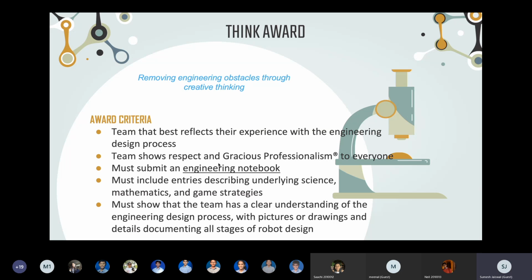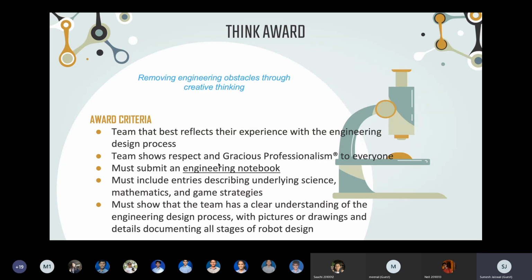The underlying mathematics and science behind these aspects of your robot need to be explained in the engineering notebook. Along with this, you also need to explain your game strategies. We talked a lot about your strategy in the beginning. All this needs to be explained in the engineering notebook, and that is what will enable you to target this Think Award.